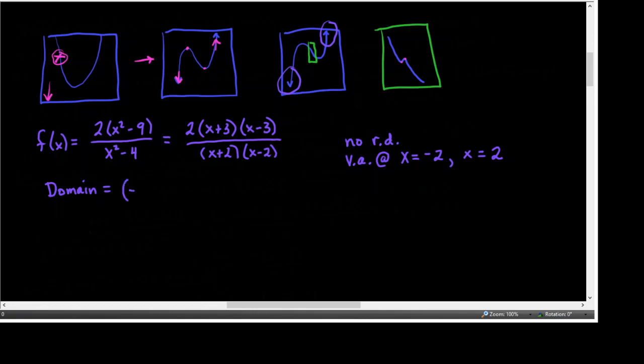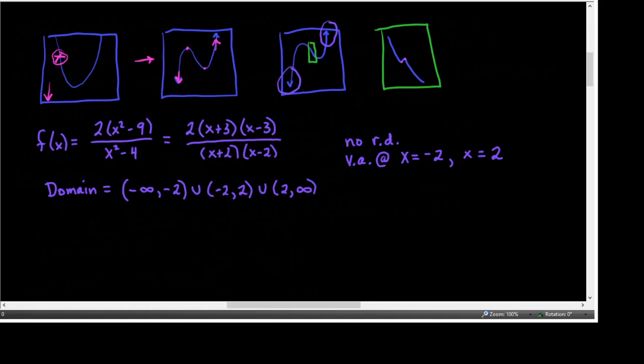So you can't use 2 and you can't use negative 2. So your domain is going to be all numbers that are real except for negative 2 and 2. And so this is a statement that indicates all real numbers except for negative 2 and 2.